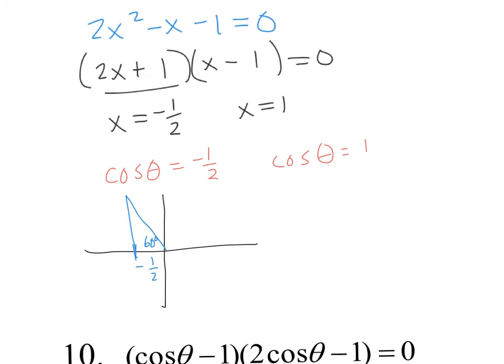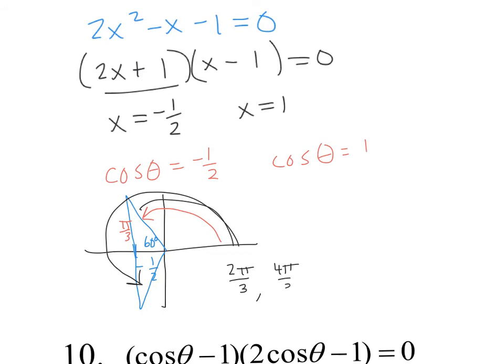And it's also negative over here with this 60-degree angle. So in terms of pi, 60 degrees is pi over 3. So this is pi over 3 short. So this angle right here is 2 pi over 3. And this angle all around here is pi plus pi over 3. So that's 4 pi over 3.